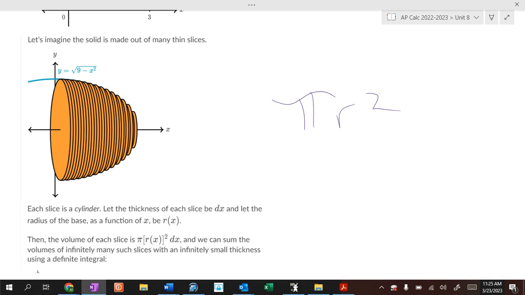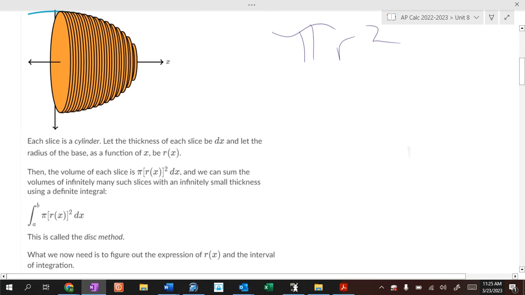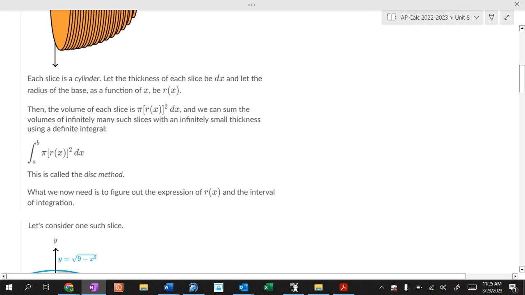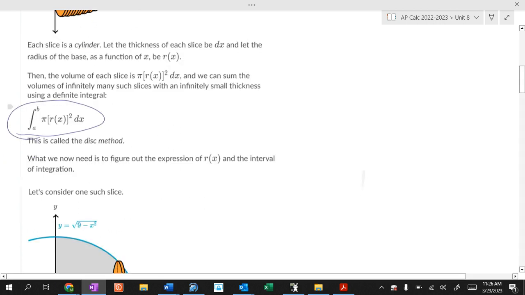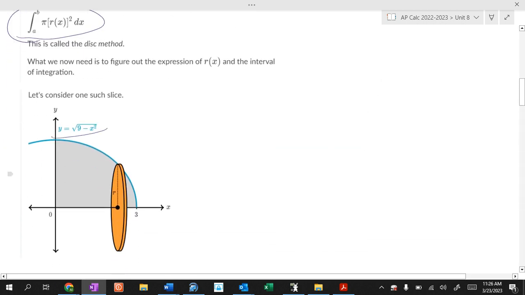Because they're different sizes, we integrate pi r squared of where we are on the graph at the time, which comes from our equation.